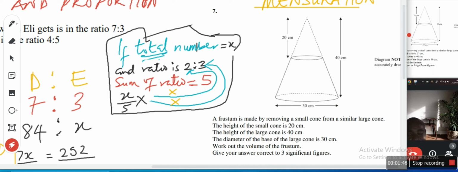All right, so what do we do to find the volume of the frustrum, only this part? What do you think we should do, first of all, if we need to get the volume of only this part?